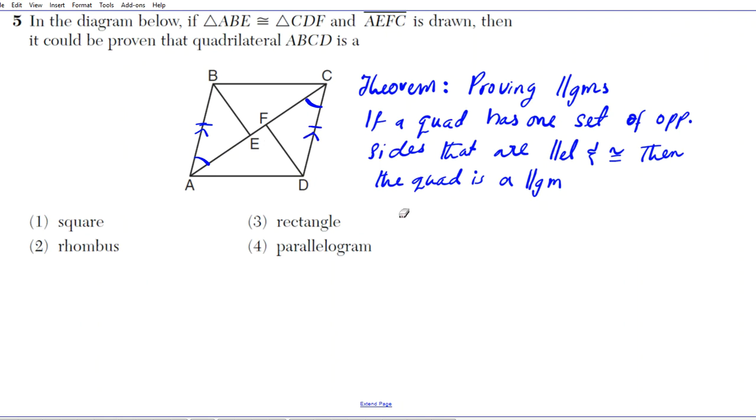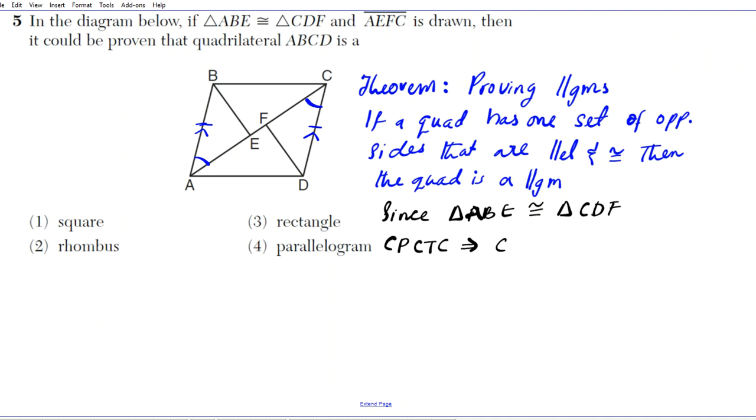Okay? So since triangle ABE is congruent to triangle CDF, corresponding parts of congruent triangles are congruent. So corresponding sides CD and AB are congruent.